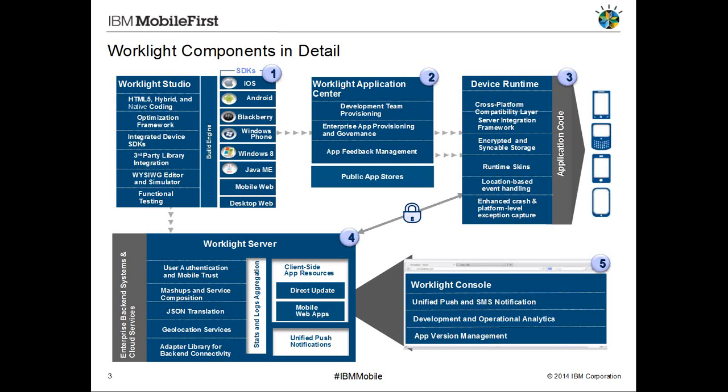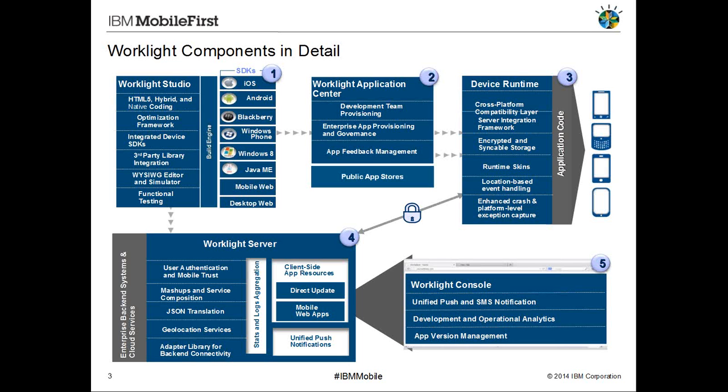It also ensures there is a location-based event handler, so I can have various event streams coming in from the device runtime onto my server side, based on which I could do a lot of real-time push notifications or real-time updates and various bidirectional data I would want to send. And the last piece is the crash analytics that comes as part of it, along with the device runtime.